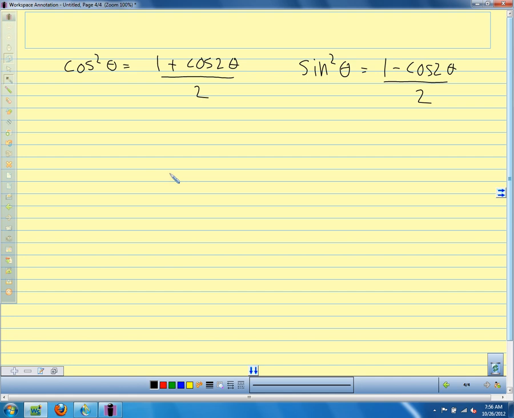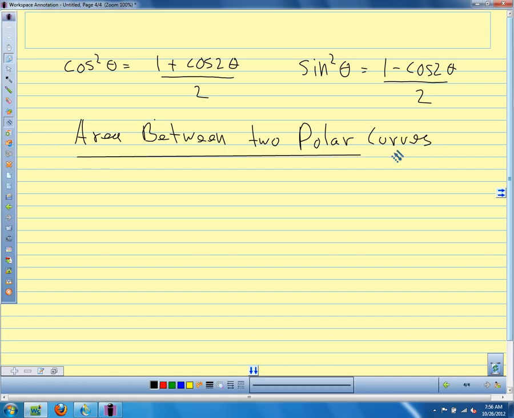All right, we need to talk about a couple more things today, just quickly. The area between two polar curves. We're just going to use what we developed already to come up with an expression for the area between two polar curves.